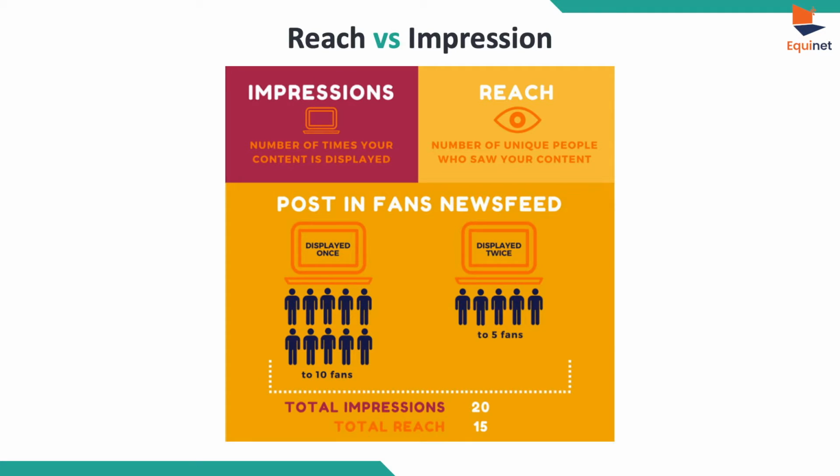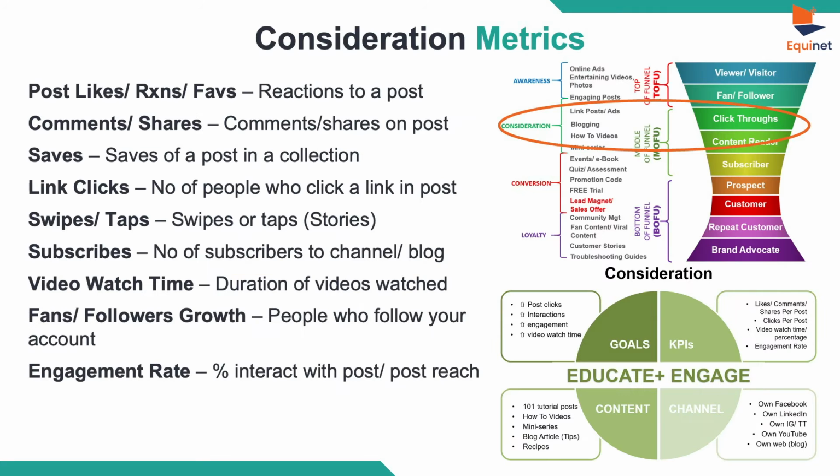Now, when we talk about awareness, one thing to note is the difference between impressions and reach. Impressions are the number of times your content is displayed, while your reach is the number of unique people who have seen your content. At the next level, we have your consideration metrics. Now, your consideration metrics will calculate those people who have engaged with your content.